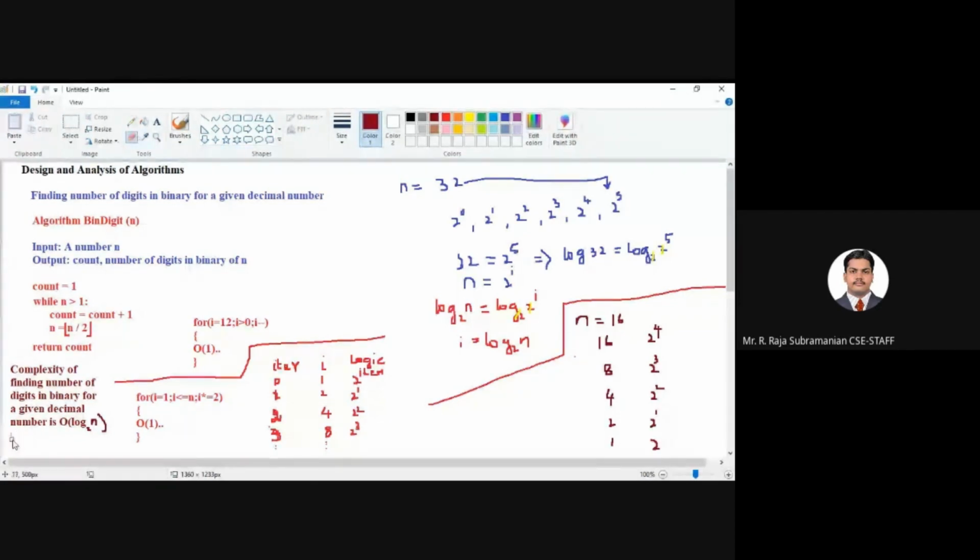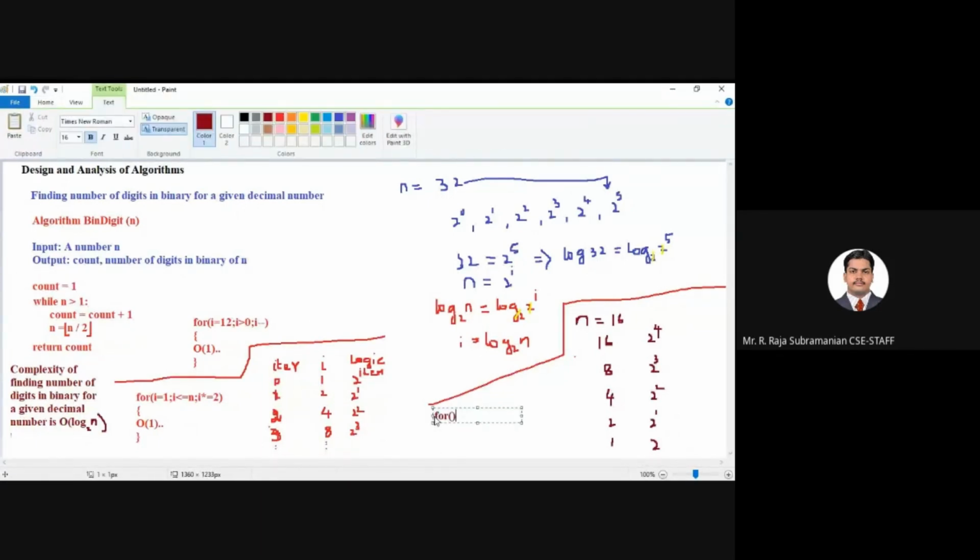Now a general question, let me see how many of them are answering that. I write here: for i equal to 1, i less than or equal to n, i star equal to 3, and inside I put a big O of 1 operation. What will be the result of this?